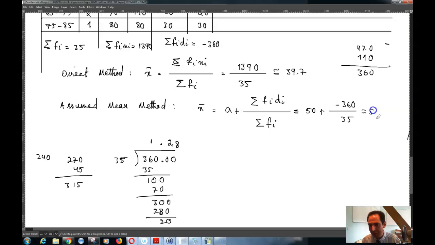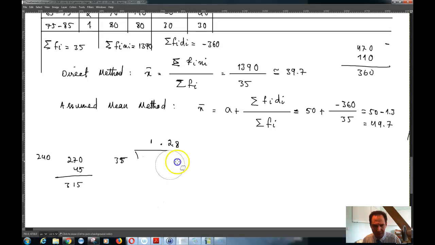That is the same thing as 50 minus 1.3, which is the same thing as 49.7. I have actually made a mistake somewhere.